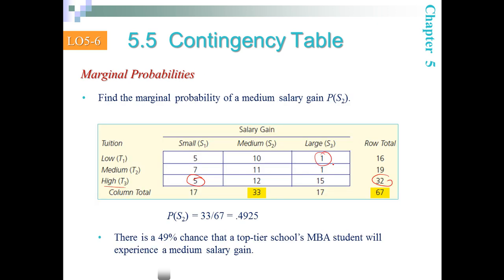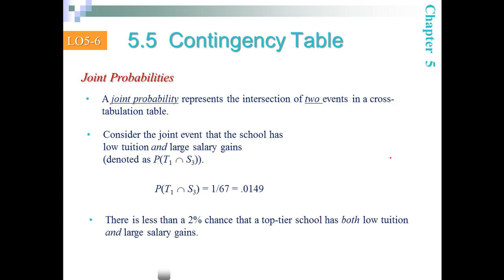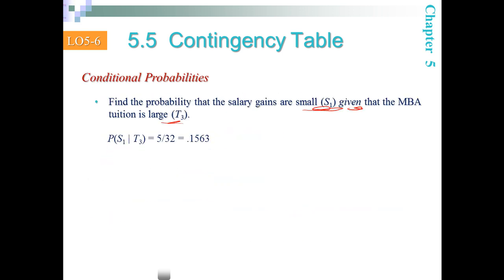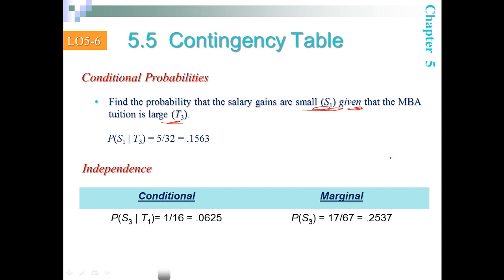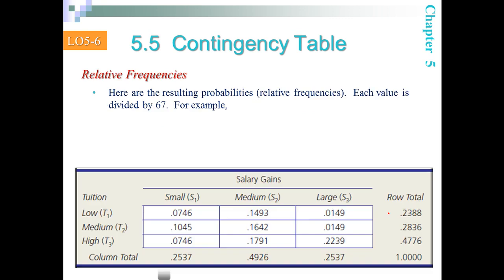That's going to be this one, and then we're going to divide that by the row total of 16, so 1 over 16. That's about 6%. What's the marginal probability of S3, a high gain, at 17 out of 67, which is about 25%. So these two things are not equal to each other, which means that they are dependent events, and subsequently both of these random variables are dependent as well.